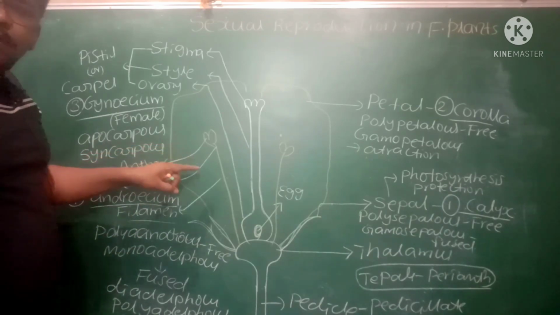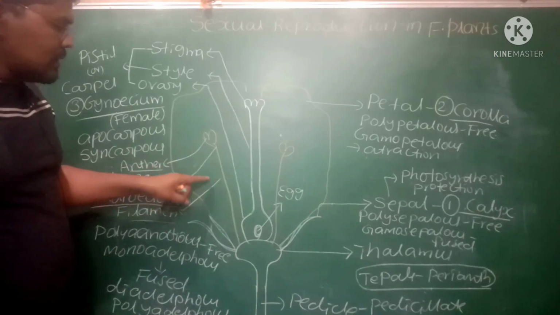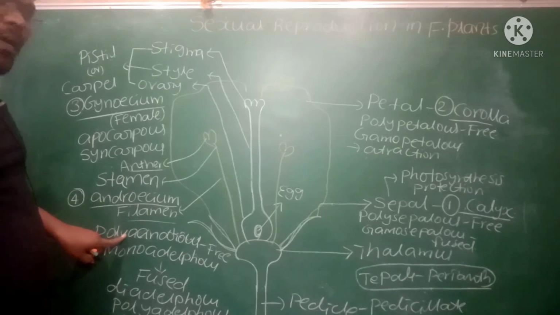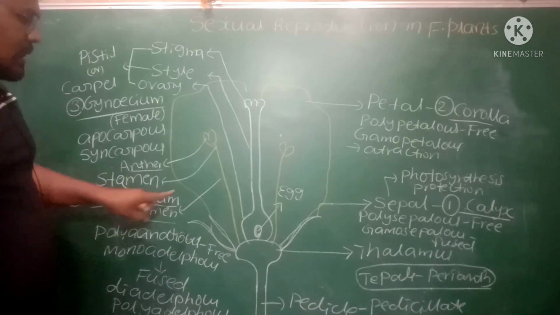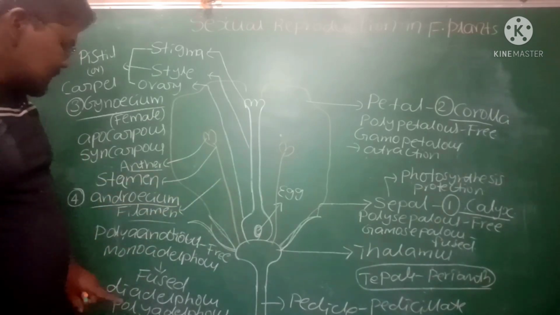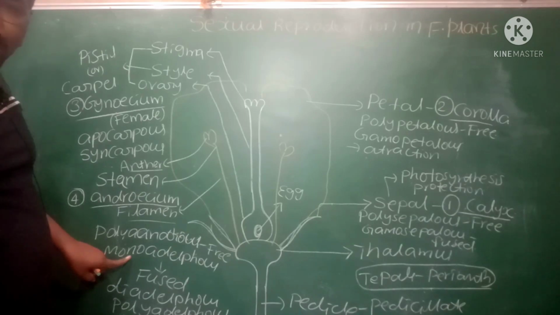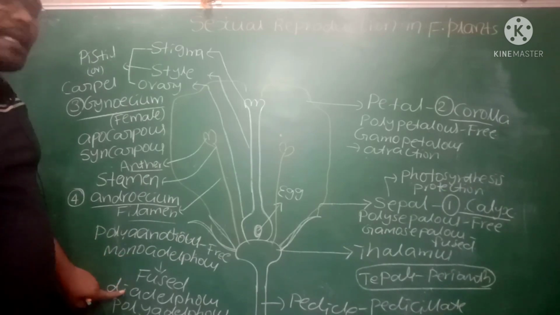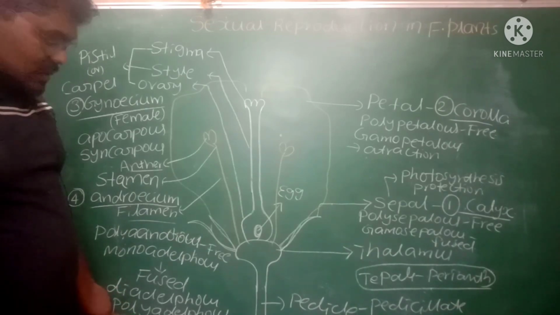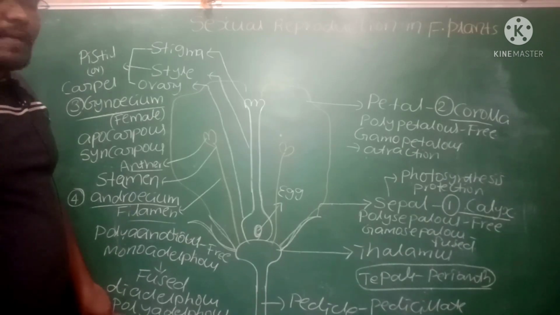If stamens are free from each other, then that condition is called polyandrous. If all stamens combine and form one tube-like structure, then that is called monoadelphous. If stamens combine and form 2 bundles, then that is called diadelphous. If stamens combine and form more than 2 bundles, then that is called polyadelphous.